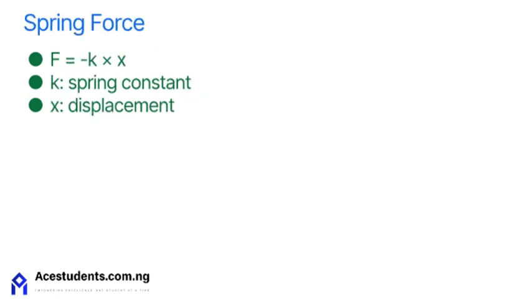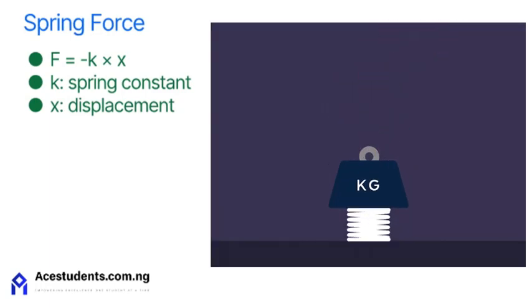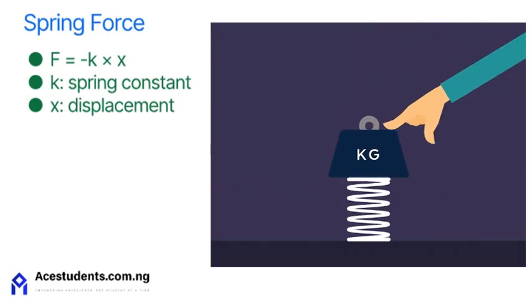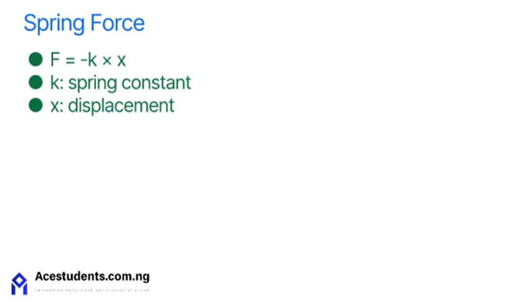Spring force is the restoring force exerted by a spring when it is compressed or stretched from its equilibrium position. This force follows Hooke's law. The formula is F equals negative k times x, where k is the spring constant and x is the change in length. The spring constant k measures the stiffness of the spring.